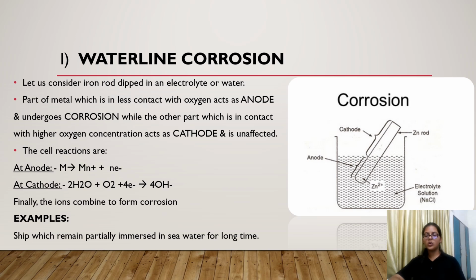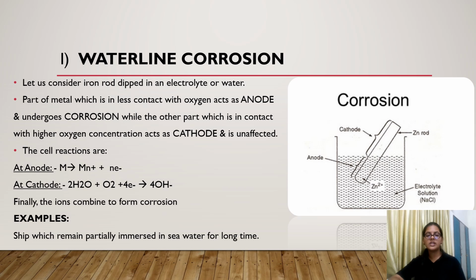Differential aeration corrosion is further divided into two types of corrosion. First, waterline corrosion. Let us consider iron rod dipped in an electrolyte or water. Part of the metal which is in less contact with oxygen acts as an anode and undergoes corrosion, while the other part which is in contact with higher oxygen concentration acts as cathode and is unaffected.